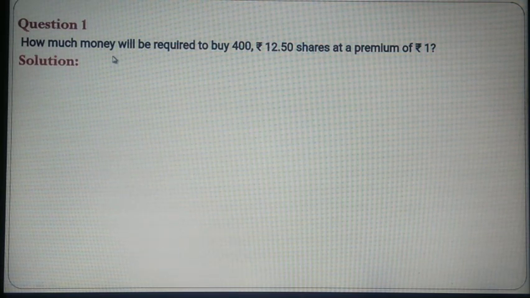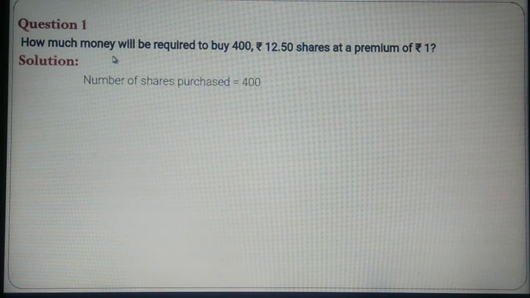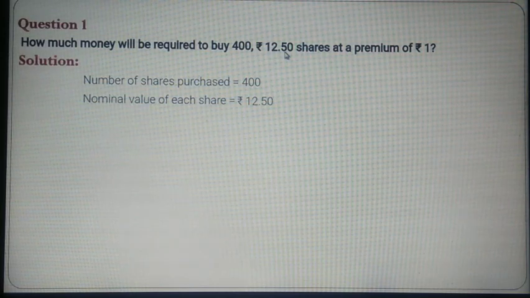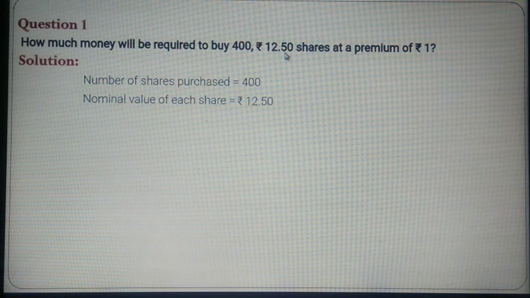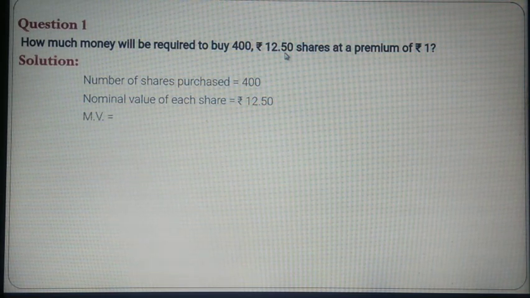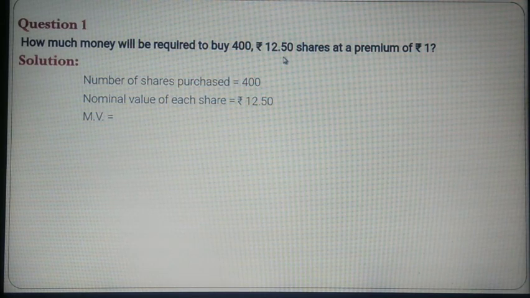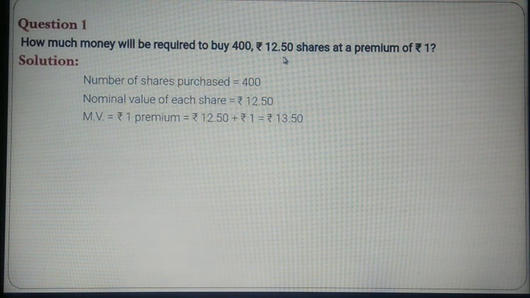Let's see what are the things given. The number of shares is already, as I said, 400. And this rupees 12.50 is my nominal value, so the nominal value of each share is rupees 12.50. Now let's see what my market value is.